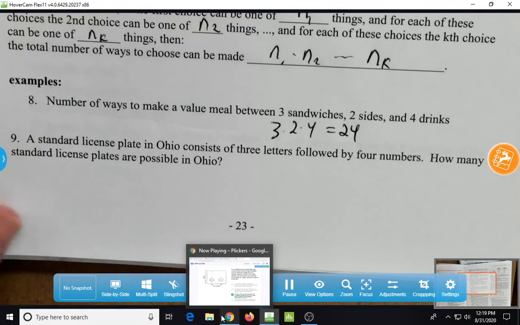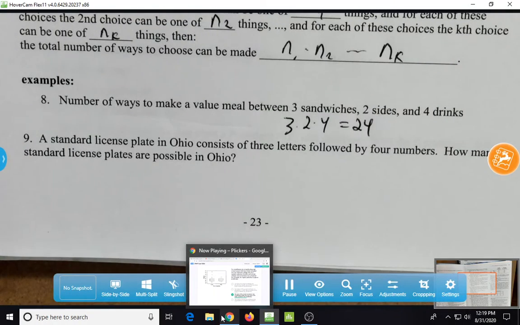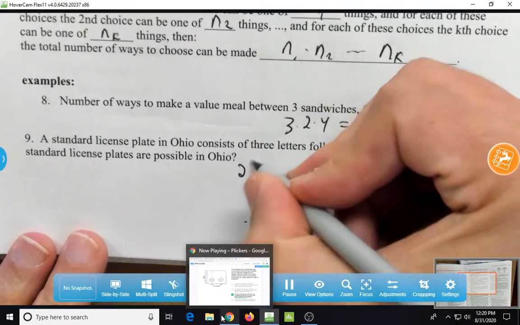All right, for those of you who are in Ohio, a standard license plate in Ohio, not the fancy or the glamour or whatever they call the individual. Vanity, that's right, vanity, vanity, all is vanity, right? Ecclesiastes. Okay, so you get 3 letters followed by 4 numbers. How many standard license plates are there in Ohio? Well, how many letters are there? 26.